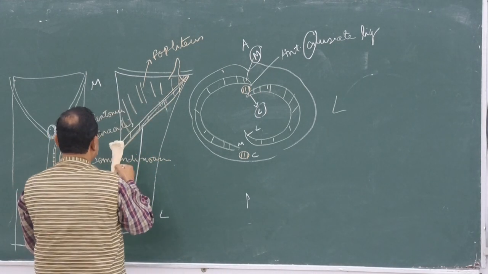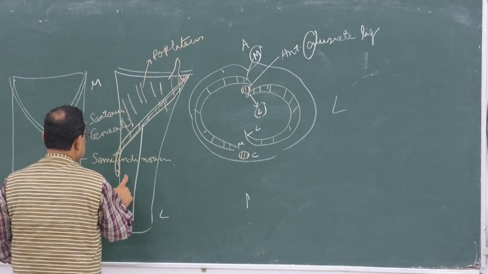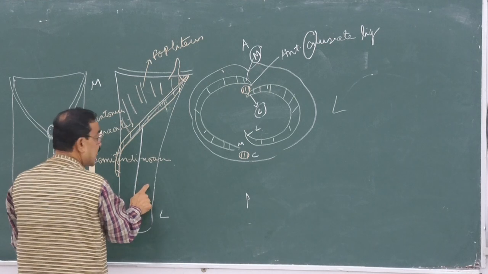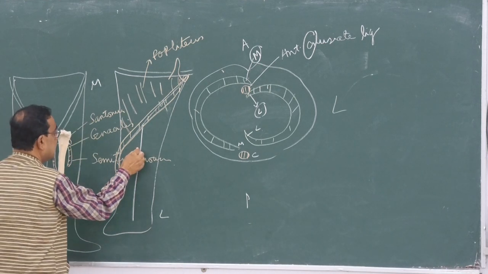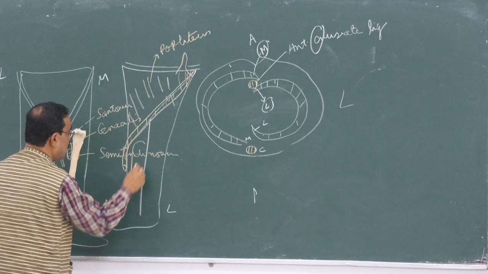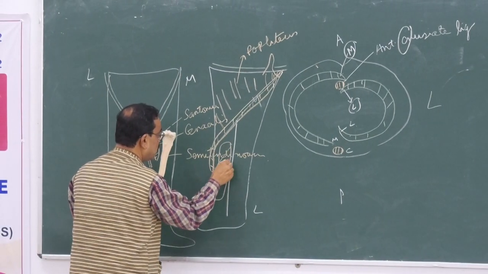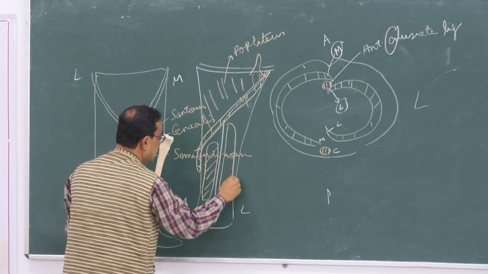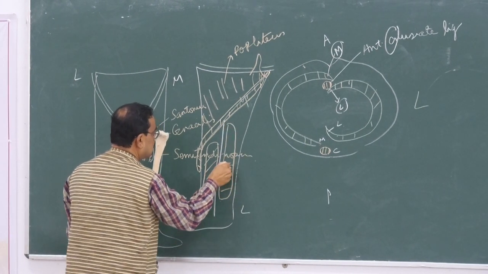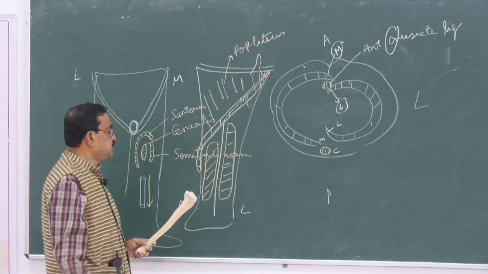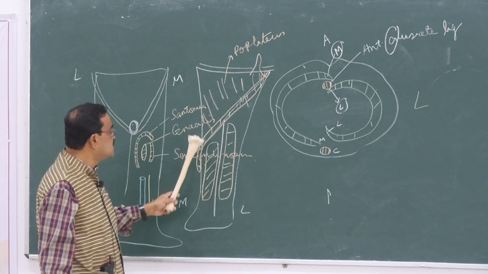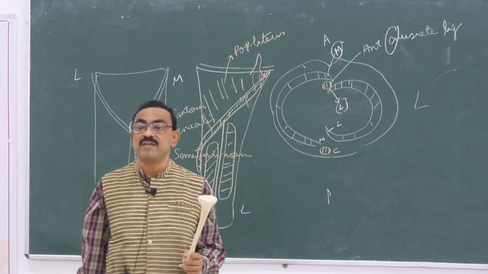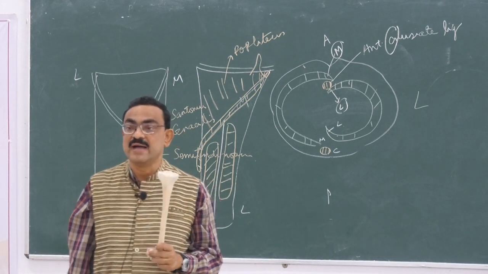Now this is the vertical line which divides this posterior surface into one medial area and a lateral area. This medial area is for the origin of one muscle and the lateral one is the origin of another muscle. This medial one is the origin of the flexor digitorum longus.